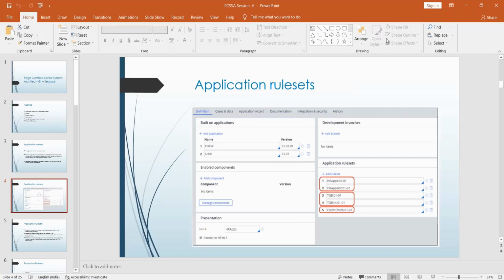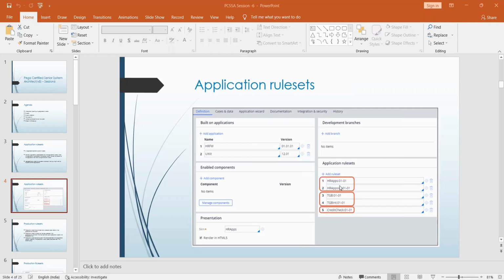So we are talking about these rule sets, the application rule sets, then your organization rule sets, and this is how you will try to prioritize them depending upon the stack. The order in which you define your stack tells the Pega application which rules have to be given priority.